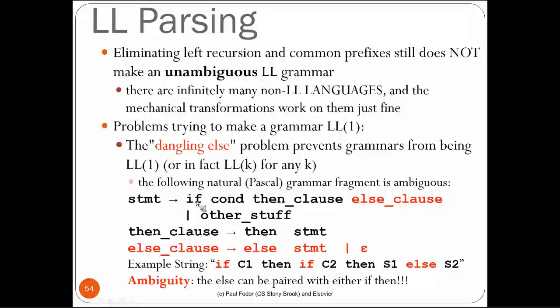If we pass in a string to this grammar, for instance, if condition 1, then if condition 2, then statement S1, else S2, there are two parse trees. This else statement can be parsed with either this if statement or that if statement, and we may consider that the inner if statement has an else clause that is empty.